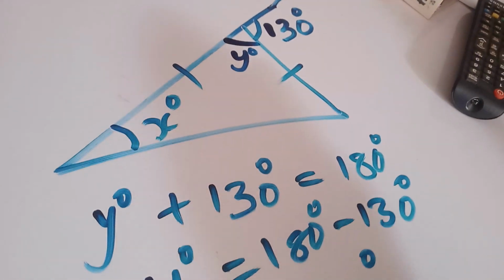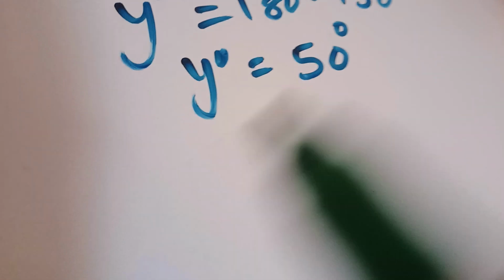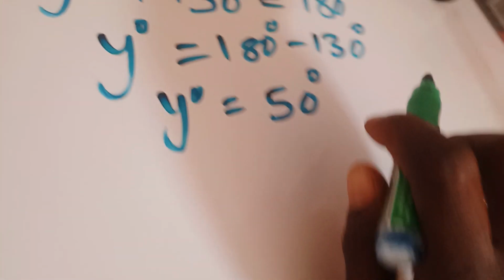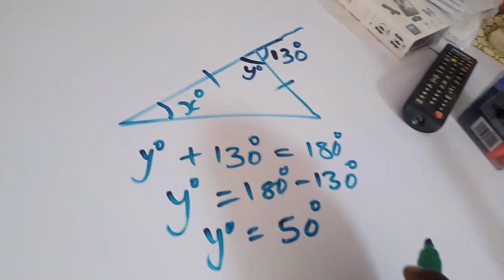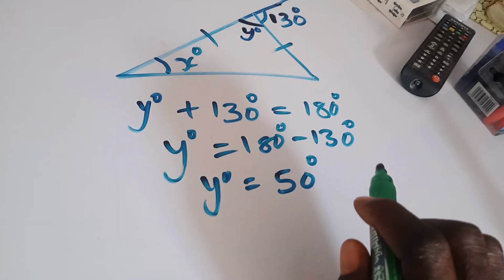From the rule of triangles, if you haven't watched my previous videos, kindly go through them so that we'll understand this concept very well, because I've solved similar questions related to this before.